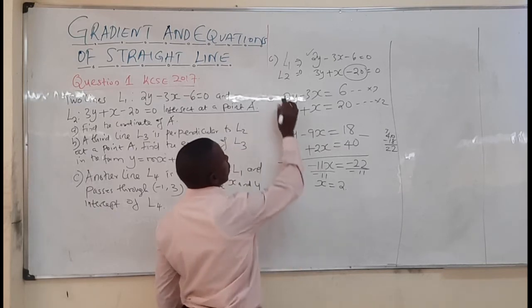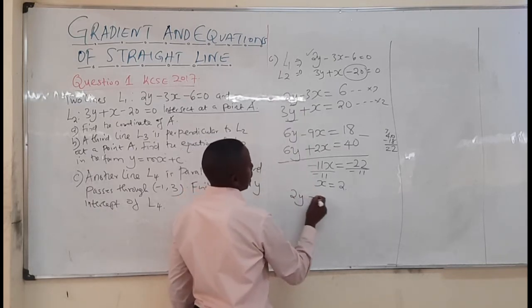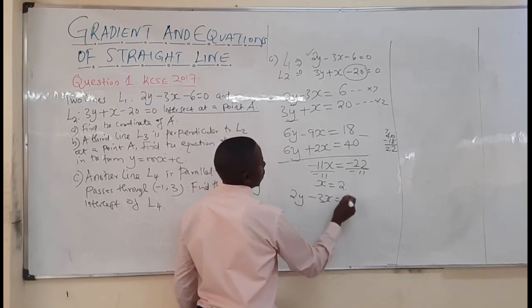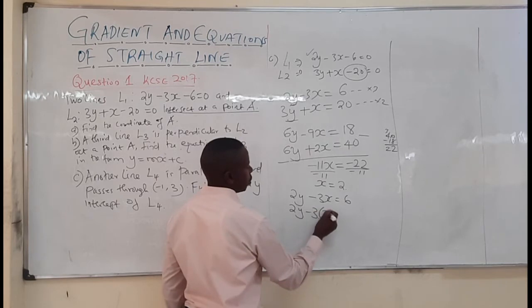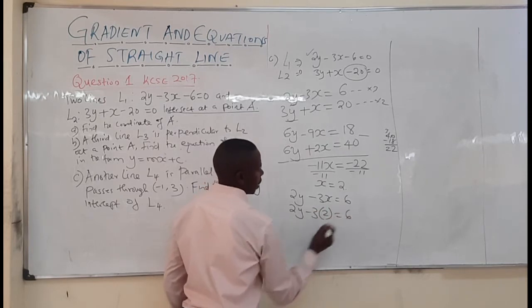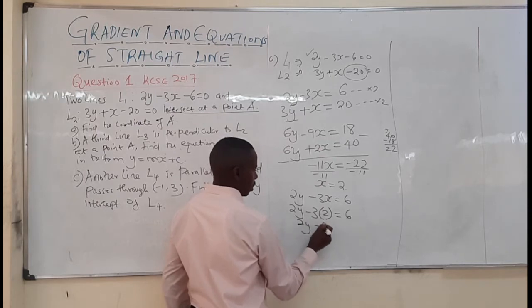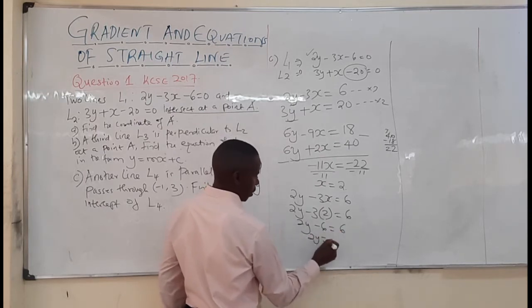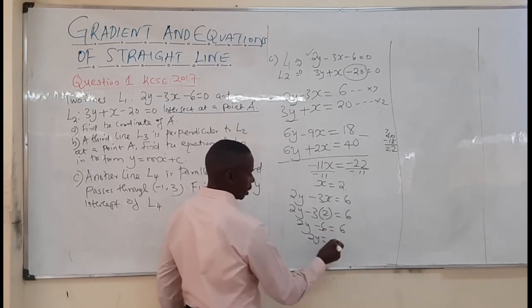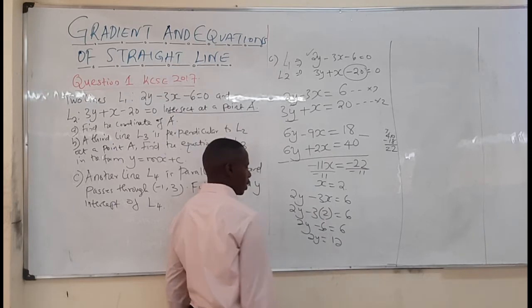Then we need to get the value of y. You can use the first equation, 2y minus 3x is equal to 6. 2y minus 3, our x is 2, is equal to 6. So 2y minus 3 times 2, minus 6, is equal to 6. 2y is equal to 6, and the 6 goes to the other side, so you get 12.